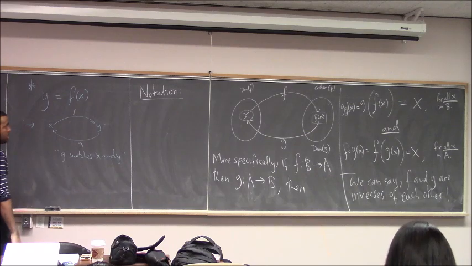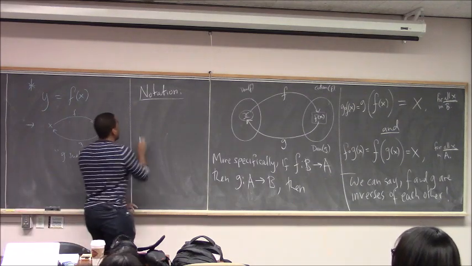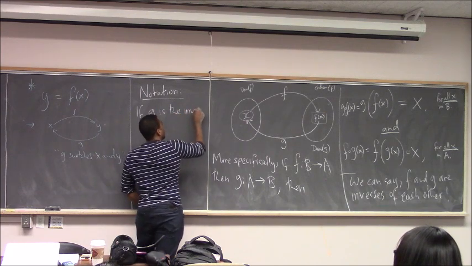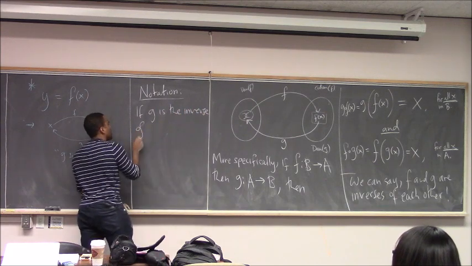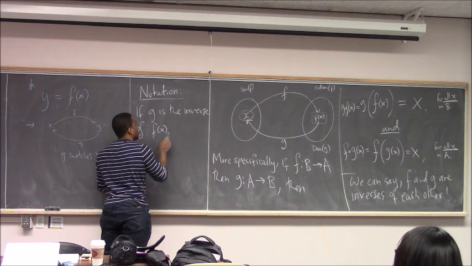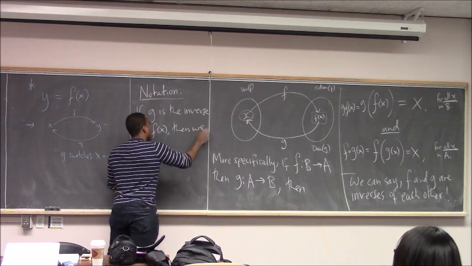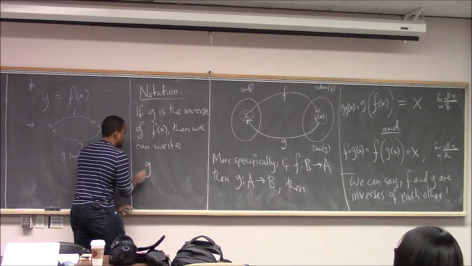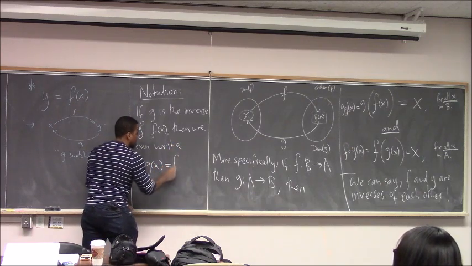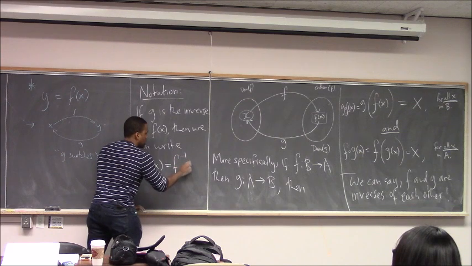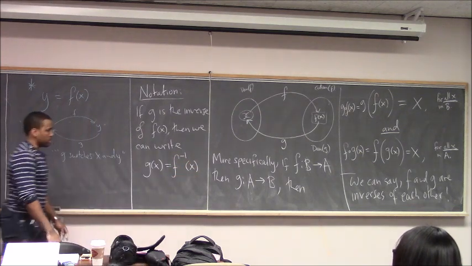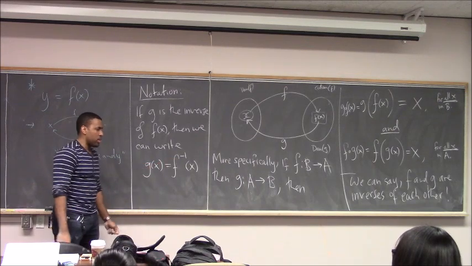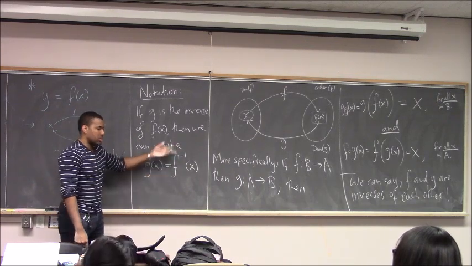You'll see this from time to time, pretty often. If g is the inverse of f of x, then we can write g of x equals f to the power minus 1 of x. And this is a very special notation. It doesn't literally mean the power of minus 1, it doesn't mean a reciprocal. It doesn't mean 1 over.